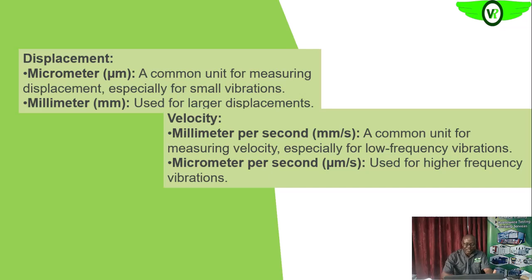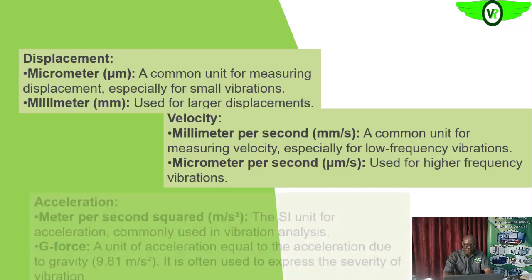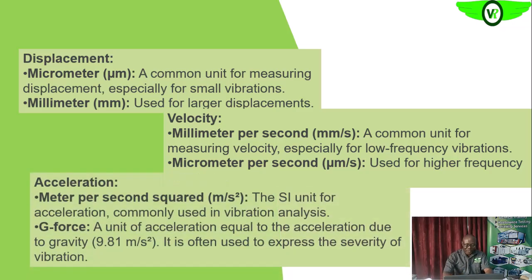Are we getting it? But velocity generally, if you take your velocity probe, that means you are basically looking at low frequency. It will give you better information, though it will capture high frequency vibration, but it will give you better information about all the low frequency vibrations.